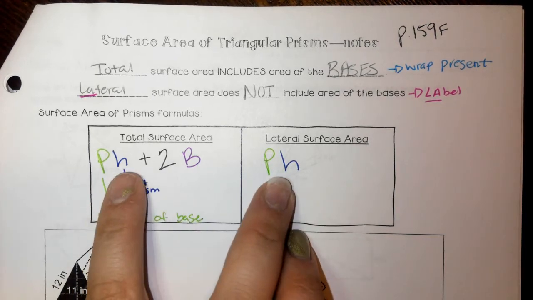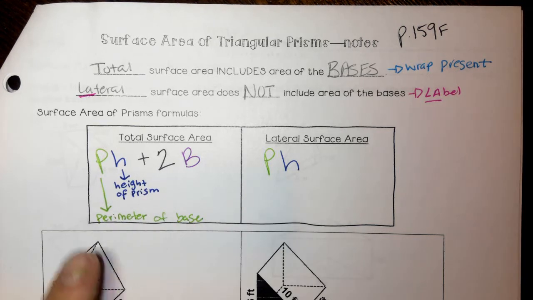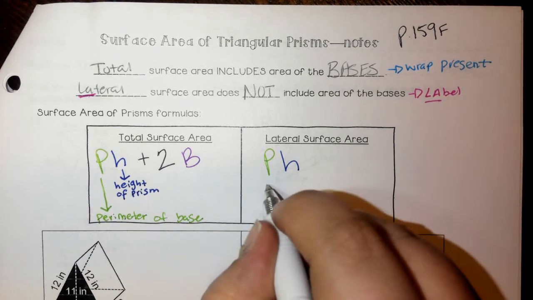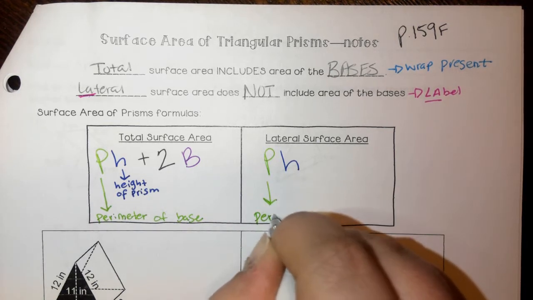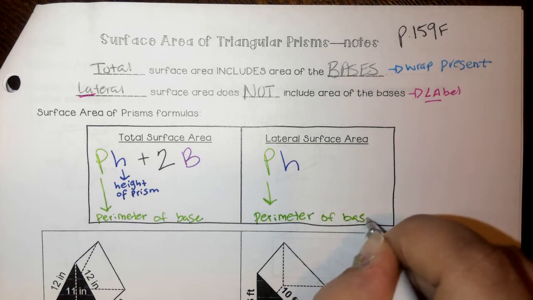I wrote down the formulas already, and I just want to talk about real quick what each variable represents. Capital P stands for the perimeter of the base, so how long along the edges of the base.